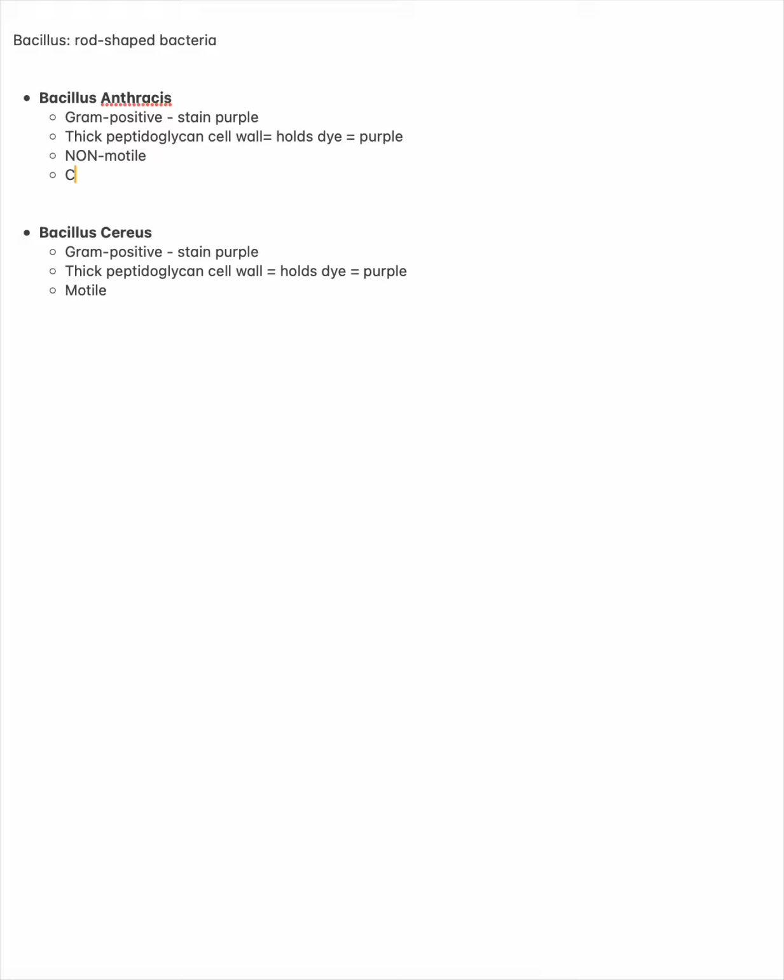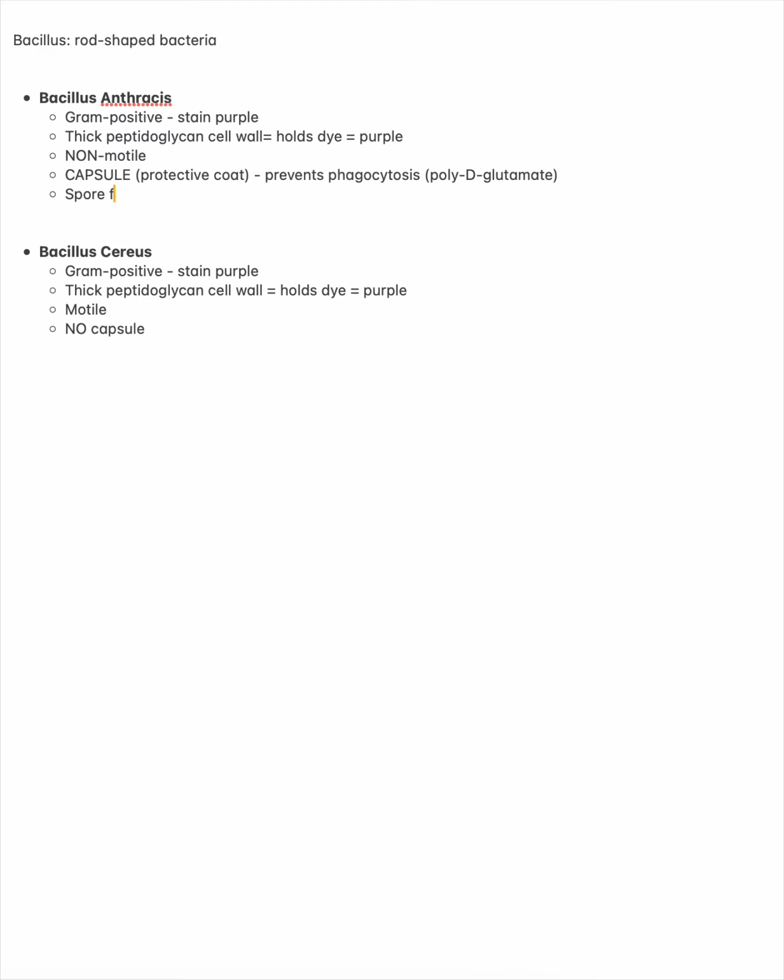Bacillus anthracis has a capsule, which is a protective coating that prevents phagocytosis, and it's due to the poly-D-glutamate capsule. Bacillus cereus is motile but has no capsule. Both are spore forming.